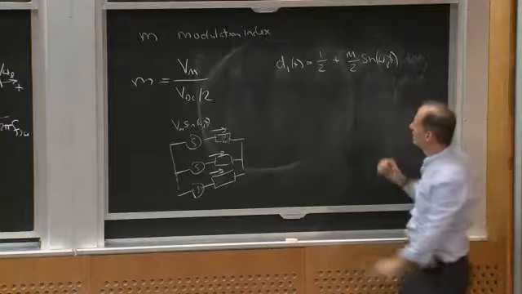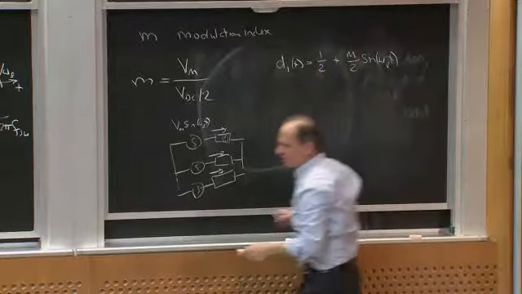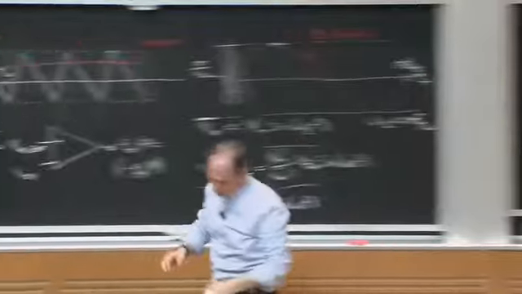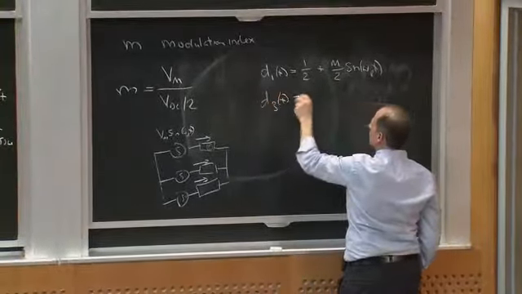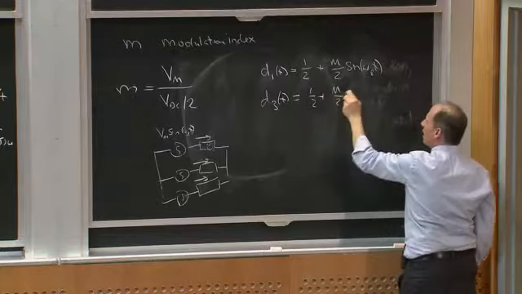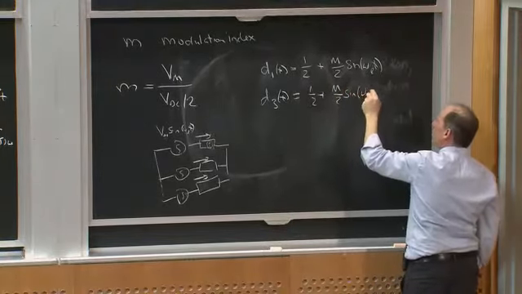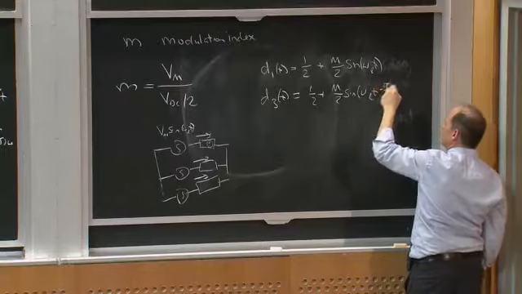And then if I was looking at D3, it would be the same. Actually, I forget what the middle switch, top switch is. It is D3. D3 would be equal to 1/2 plus m over 2 sine of omega L t minus 2 pi over 3, for example.